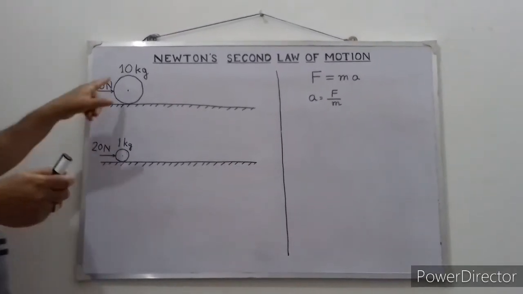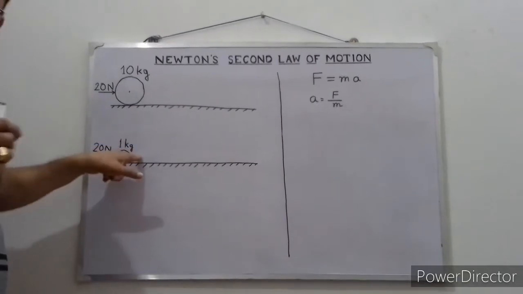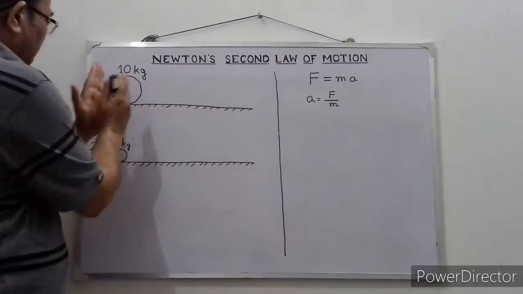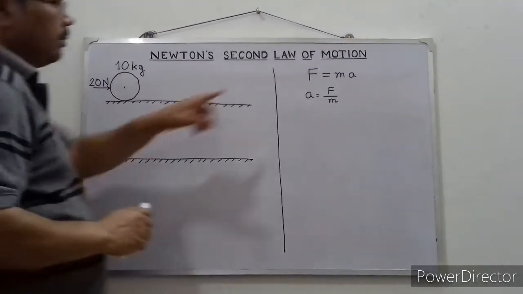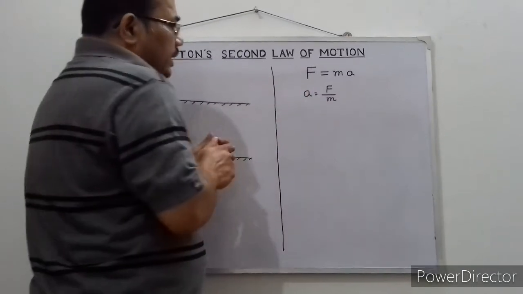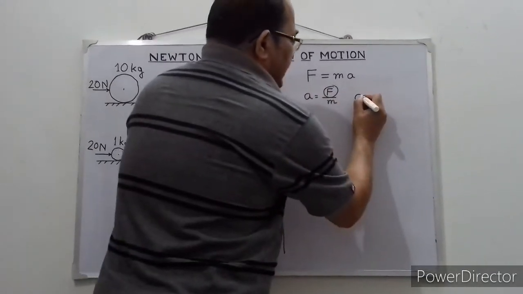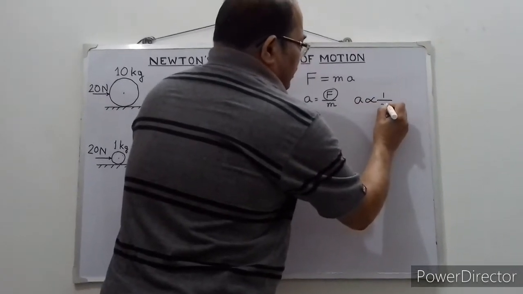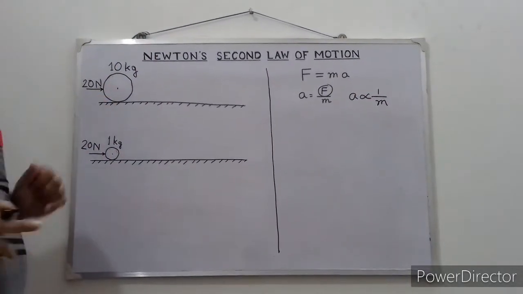Obviously, you can understand that this will be accelerated less compared to this one. What does it mean? If you increase the mass, the acceleration is less. And by Newton's law also, we can see that if F is constant, then a is proportional to 1 by m, or a is inversely proportional to the mass of the object.